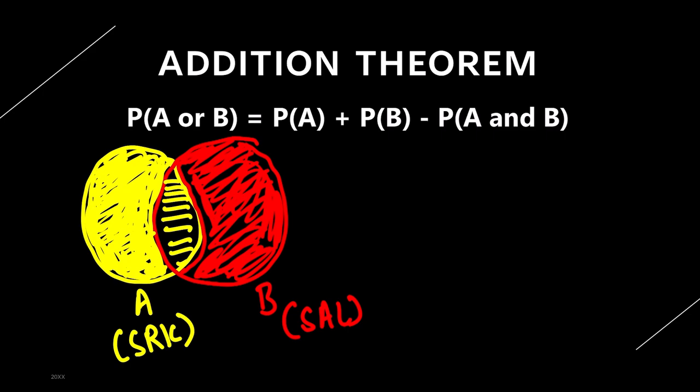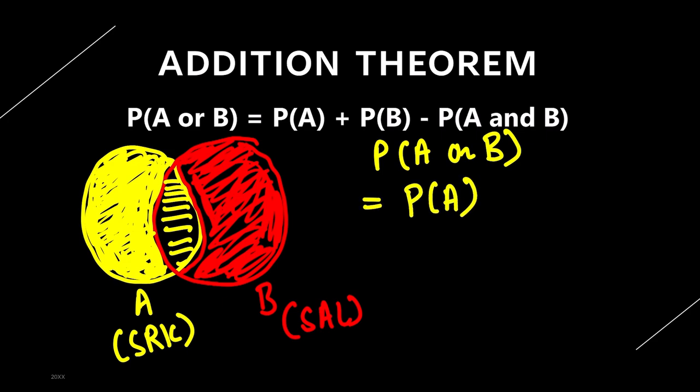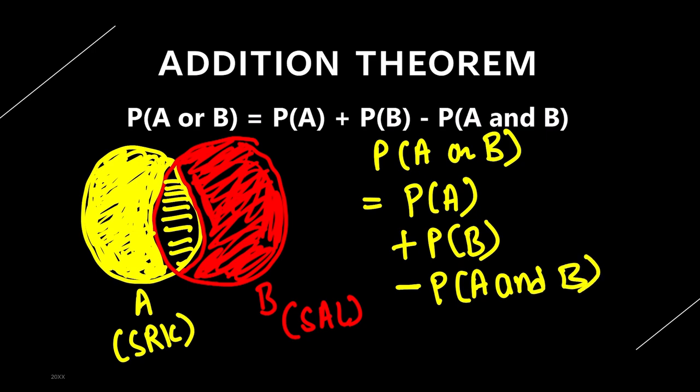Now, what does the addition theorem say? Probability of A or B means the probability of people watching any of the movies. I don't care whether it is a Salman Khan movie or a Shah Rukh Khan movie. Probability of A or B is given by the probability of A, meaning how many people are watching the Shah Rukh Khan movie, plus the probability of B, the probability people are watching the Salman Khan movie, minus the probability of A and B, meaning they are watching both.